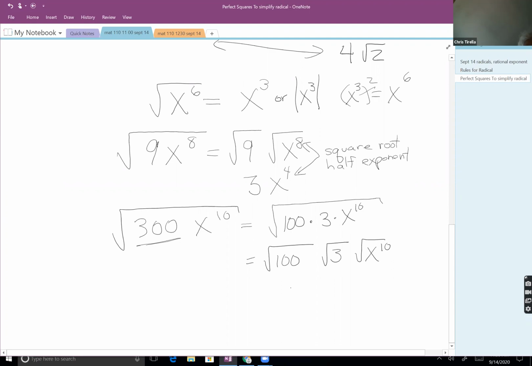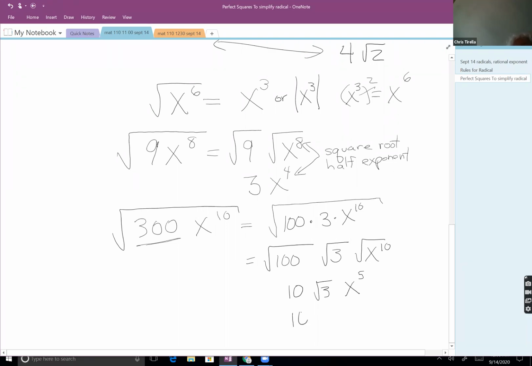The square root of 100 is 10. The square root of 3 is the square root of 3. So the square root of x to the 10th would be x to the 5th. Here, bad penmanship. Can you picture somebody who drew that too long and all of a sudden you're wondering, is the x to the 5th under or not?